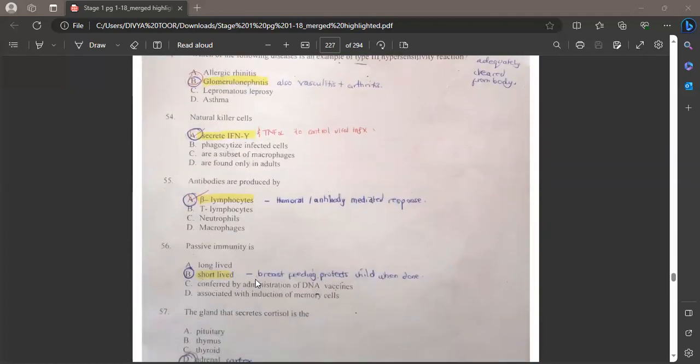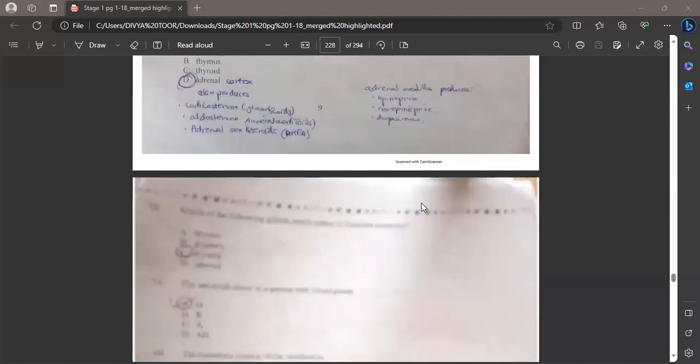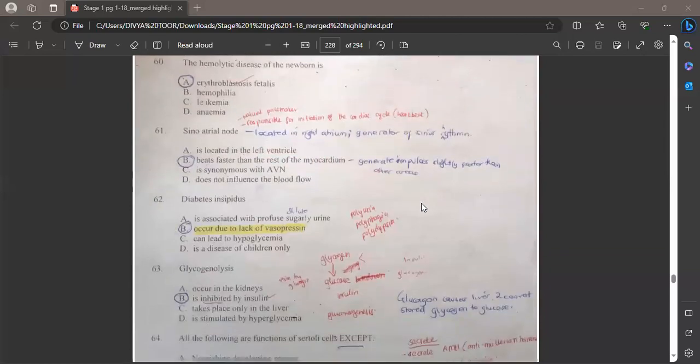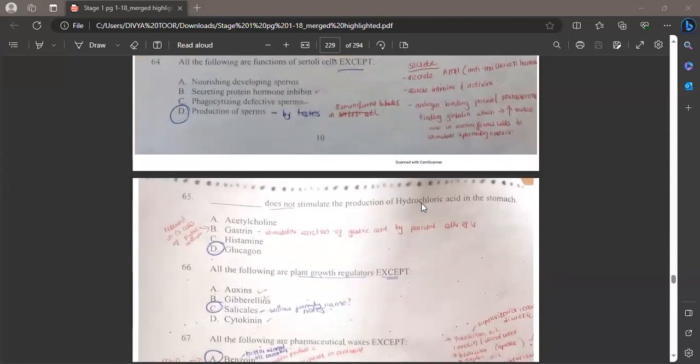Which question? Divya is asking which highlighted question was wrong. This is the one I highlighted last. Yeah, interferon, the one for interferon. Not that one. Number 18.